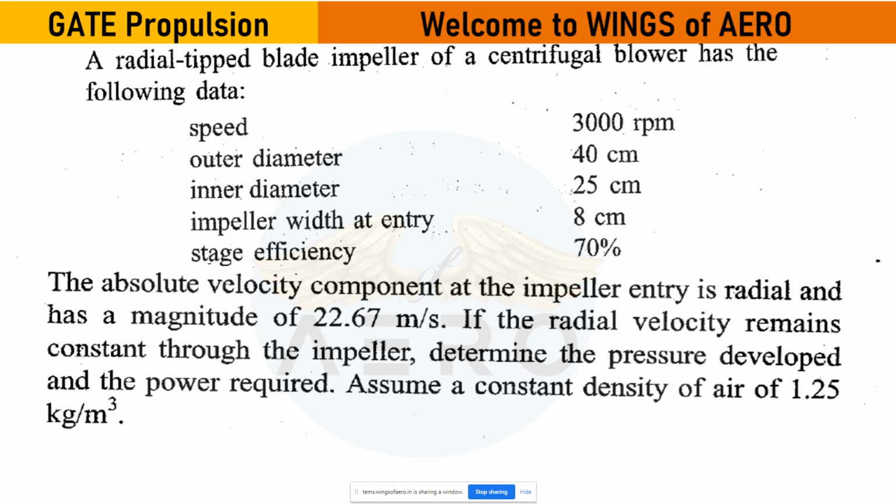The absolute velocity component at the impeller entry is radial and has a magnitude of 22.67 meters per second. If the radial velocity remains constant through the impeller, determine the pressure developed and the power requirement. Assume constant air density of 1.25 kg per meter cube.